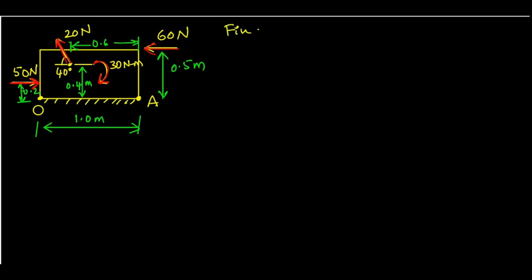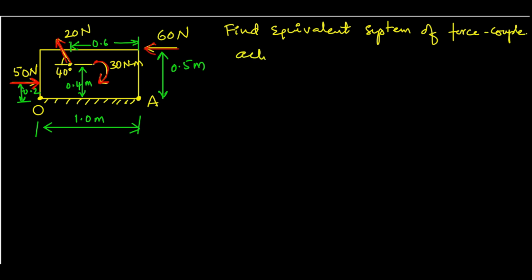Now find the equivalent system of force and couple. So replace all the forces acting at A. Let's say we want to move all the forces to point A.